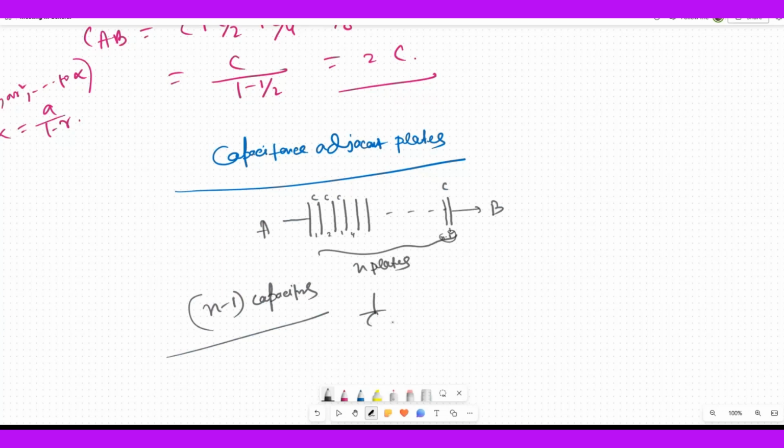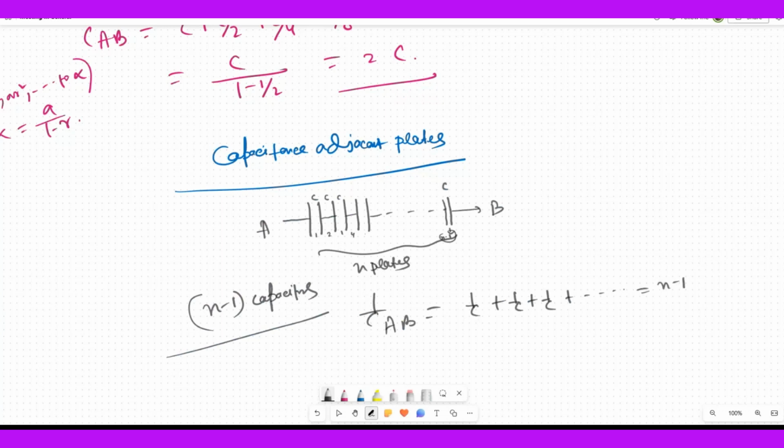So 1 by C_AB, 1 by C. Now if you maintain the series combination like this, then 1 by C_AB will be 1 by C, 1 by C, 1 by C like this.